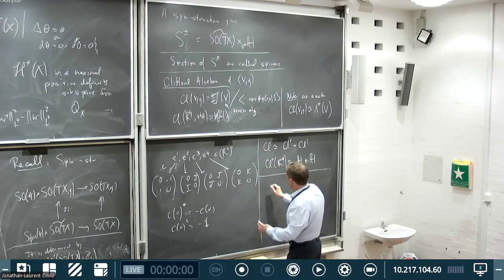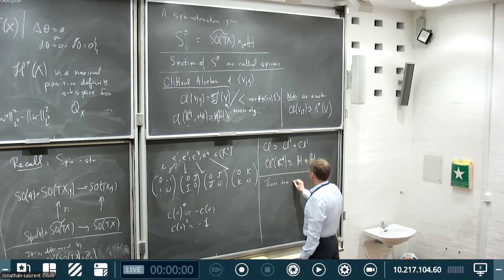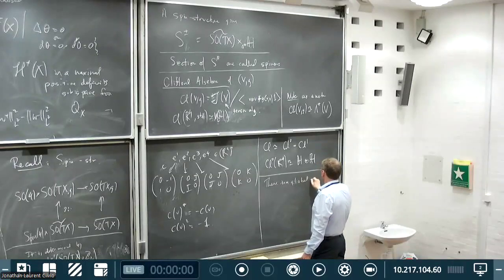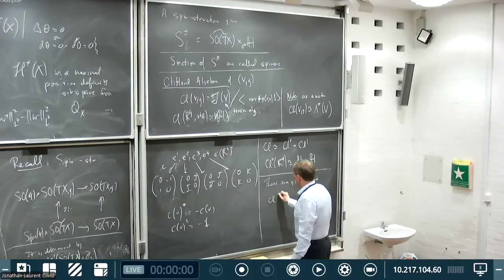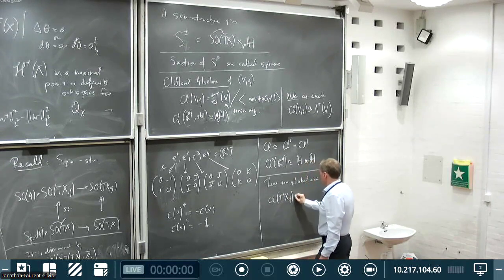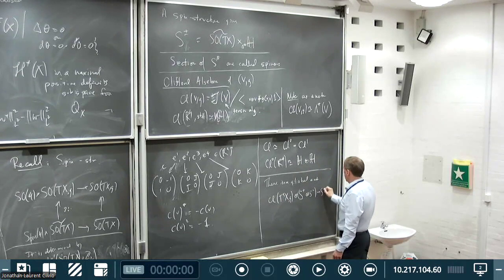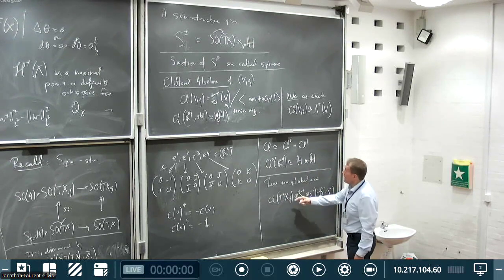The important takeaway now is that there is a global action of the Clifford algebra of the cotangent bundle on S plus, S minus.